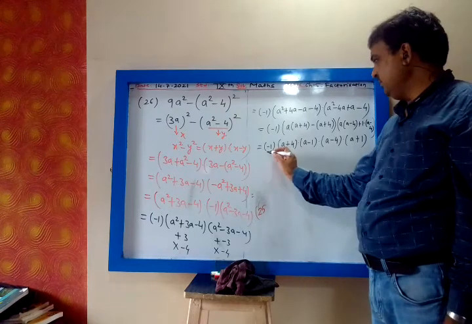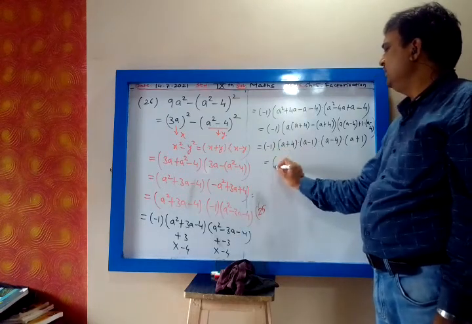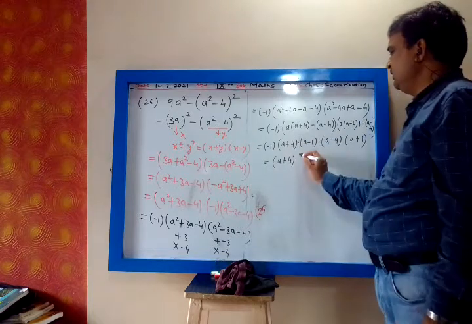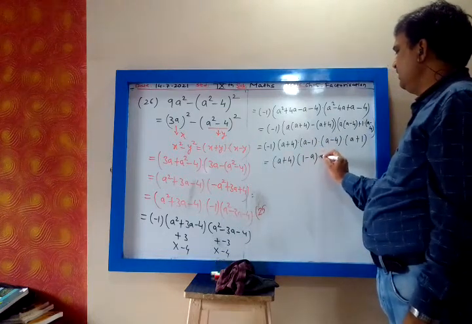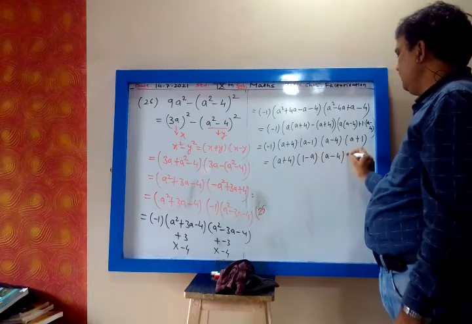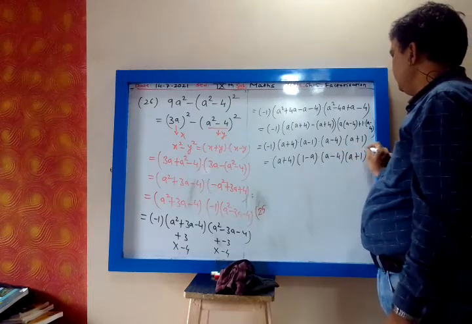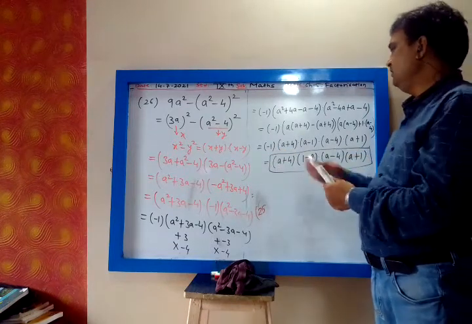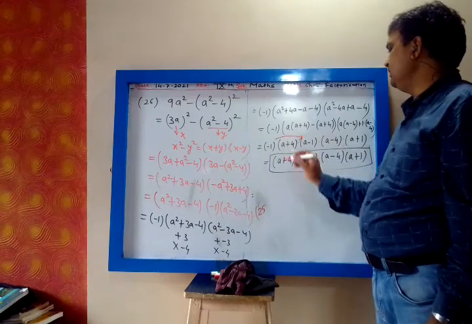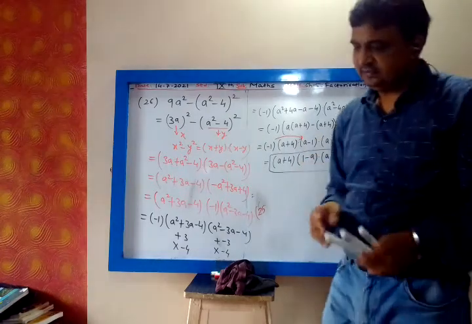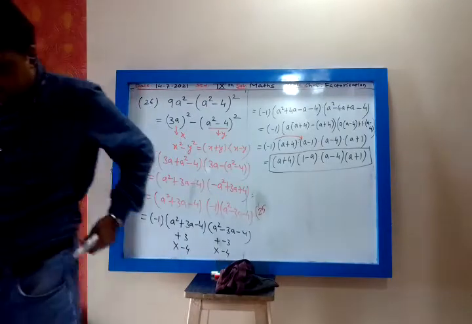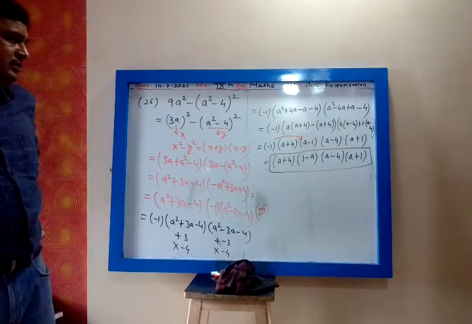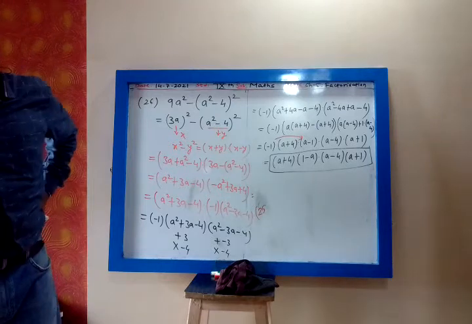Minus sign you can take inside, no problem. This I can write (a plus 4), minus sign you can multiply with (a minus 1), so this will be (1 minus a) into (a minus 4) into (a plus 1). Okay, this is the answer. Minus 1 I have multiplied with (a minus 1), I will get 1 minus a.